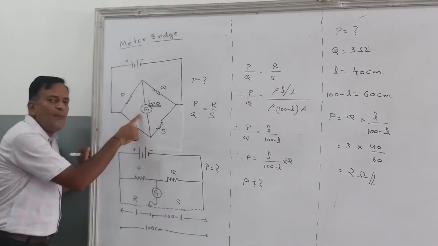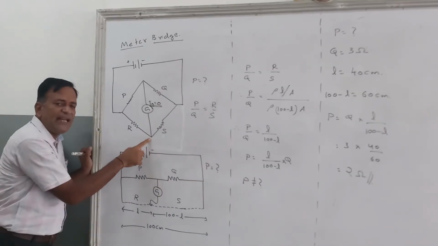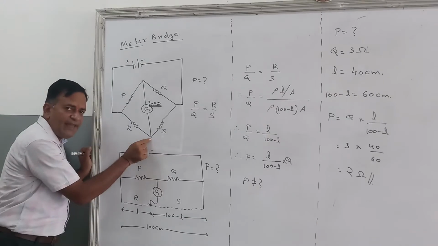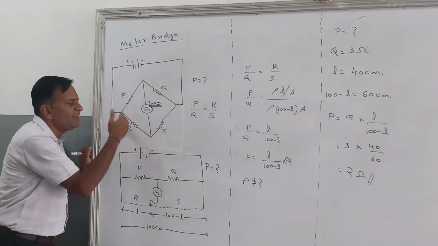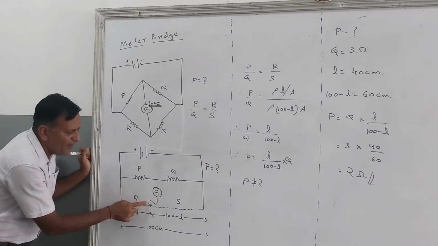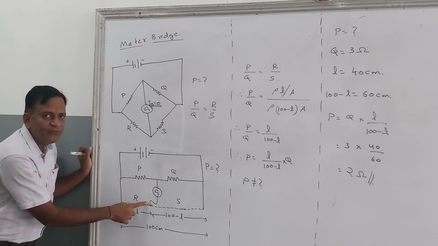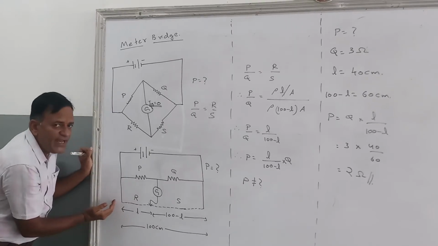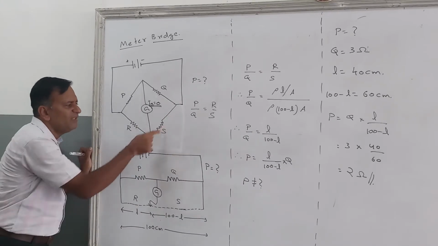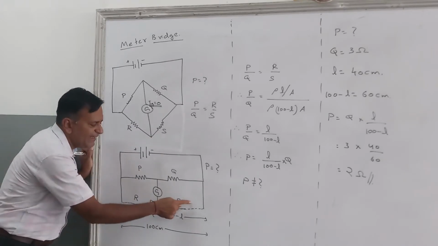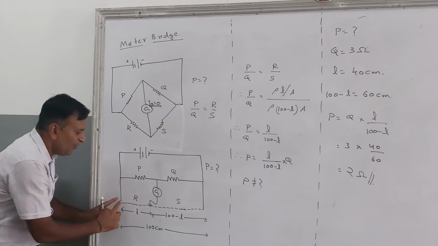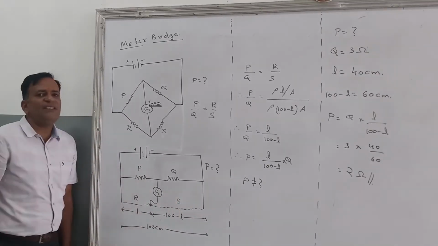The other terminal of the galvanometer touches the wire somewhere in between R and S, not exactly the midpoint. So this is the other terminal of the galvanometer. This part of the wire will now be known as R. This part of the wire will now be known as S. What is the length of this high resistance wire?